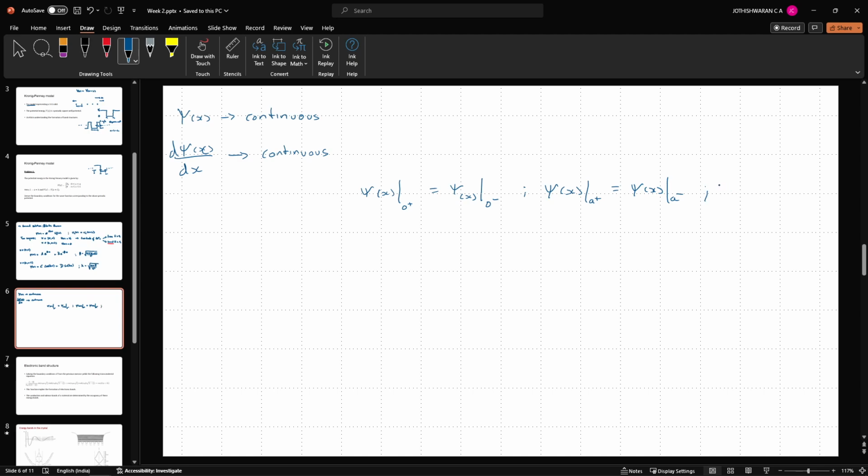And finally, we will have psi of x at L plus is equal to psi of x at L minus. So now we have these three conditions.